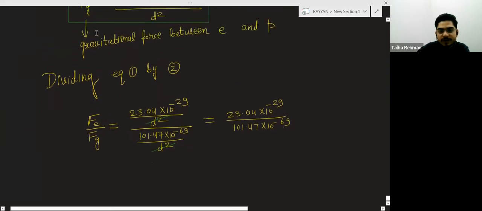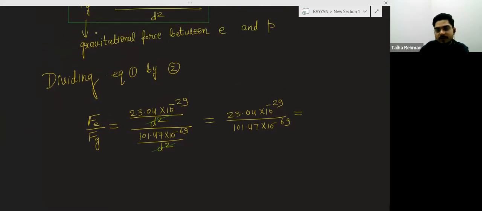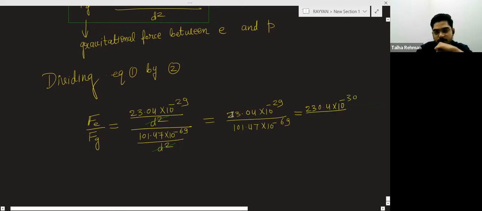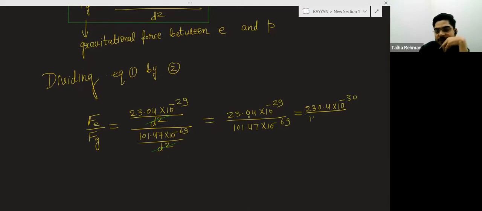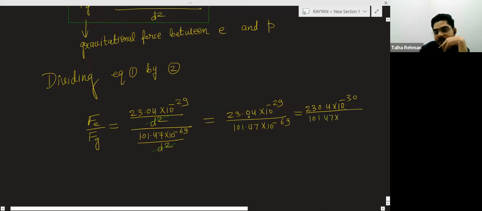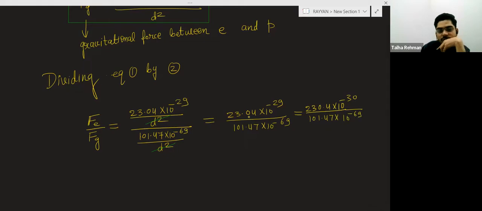Now what will we get? I can write the numerator as 230.4 into 10 to the power minus 30, and in the denominator we have 101.47 into 10 to the power minus 69.